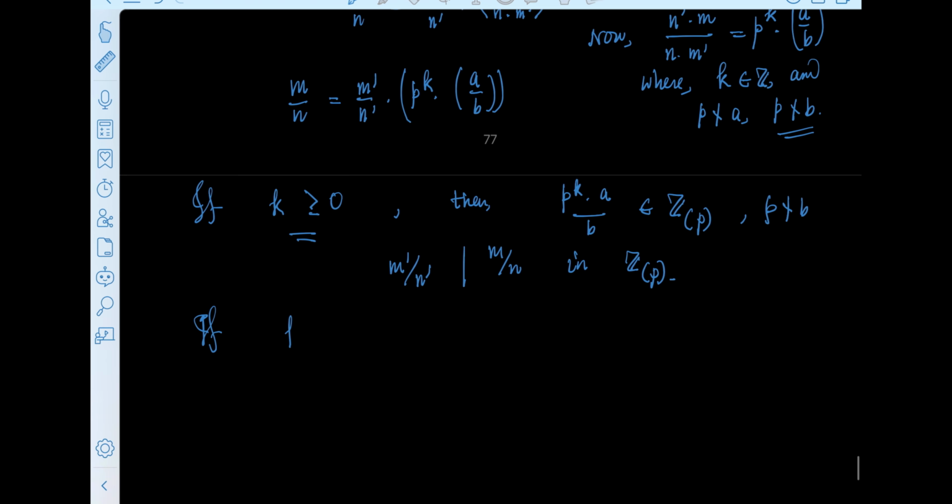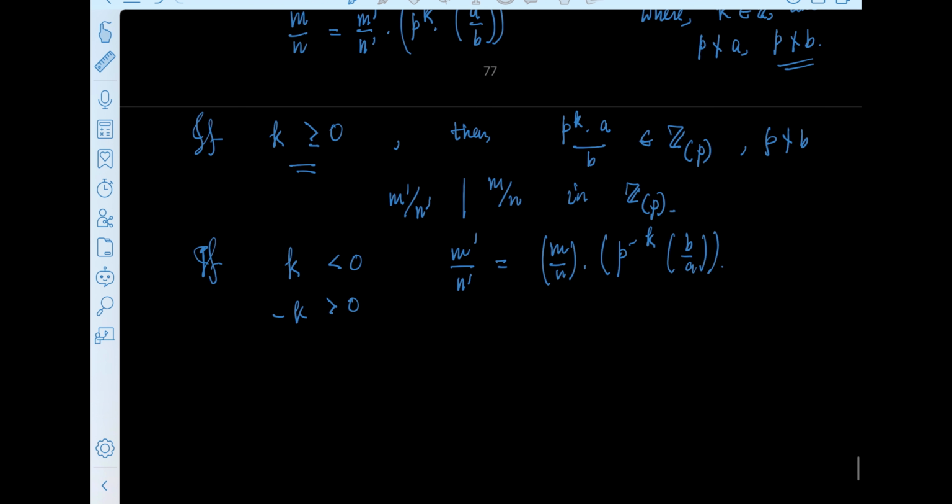And if k is less than 0, then just take m prime by n prime equal to m by n times p to the power minus k times b by a. Again, if k is less than 0, minus k is greater than 0, then p to the power minus k times b by a is inside Zp.